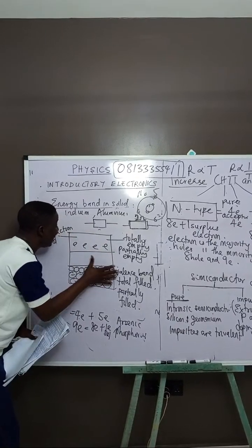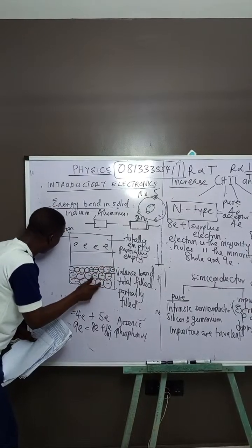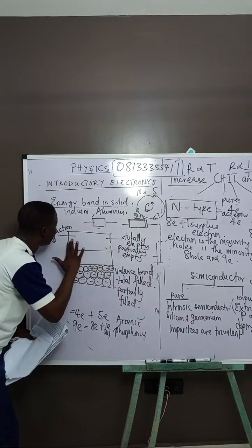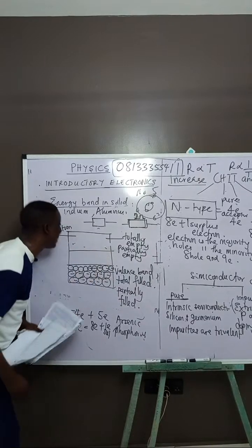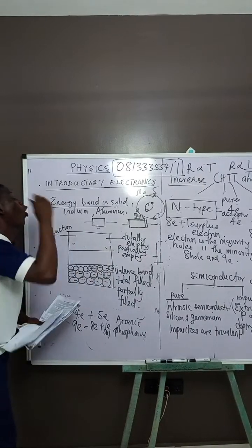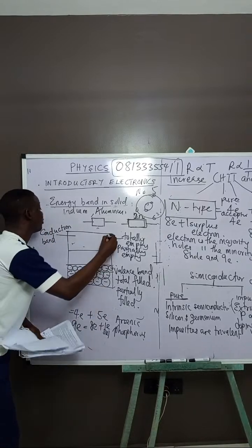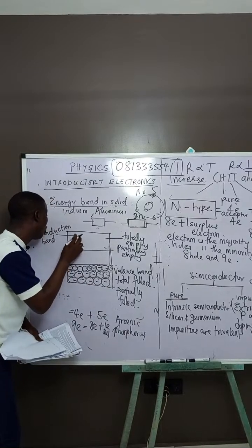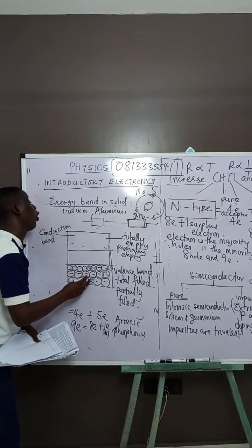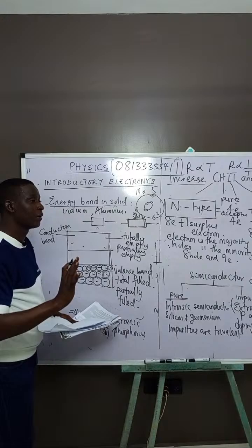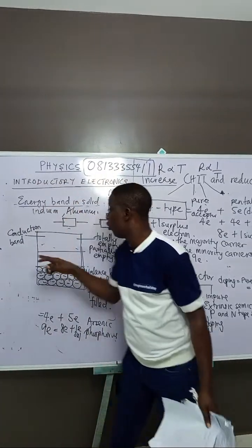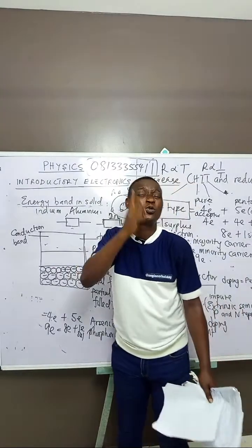Please take note of that. That's why insulators cannot conduct. This place is always empty, while this place is always filled. So no single electron will get to the conduction band for an insulator.